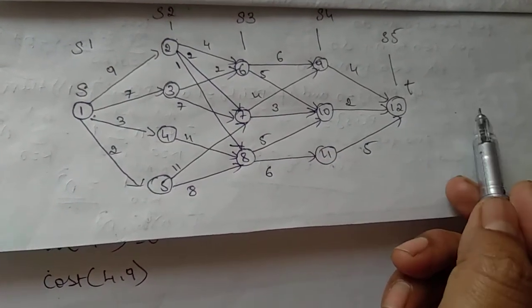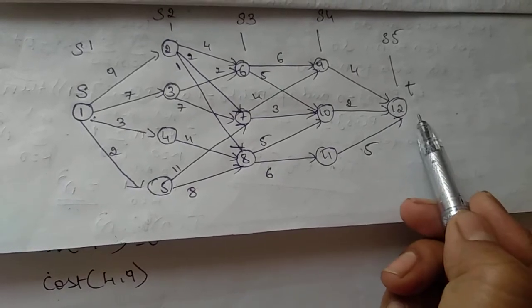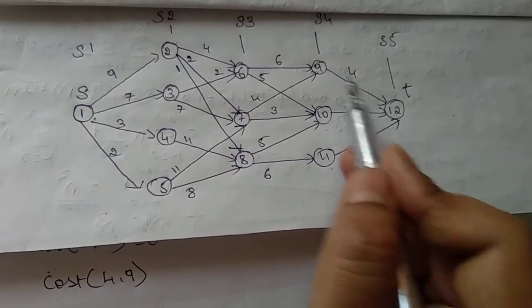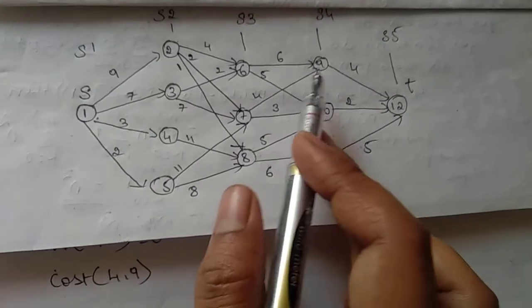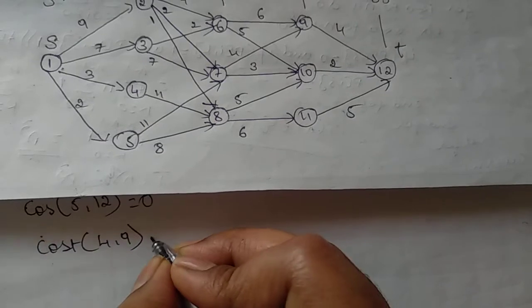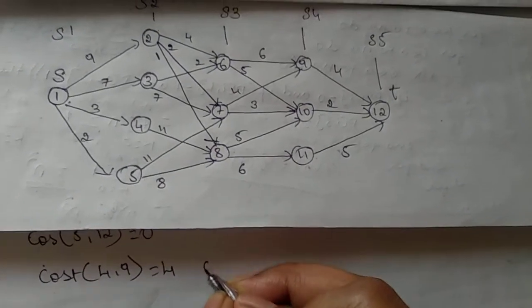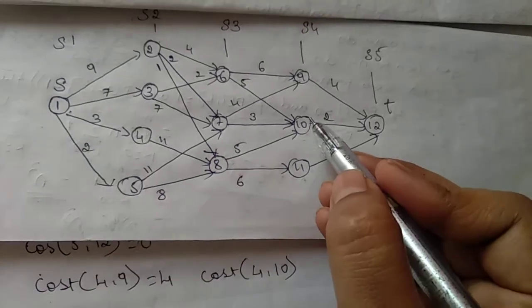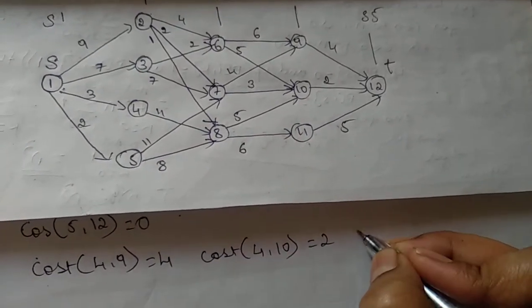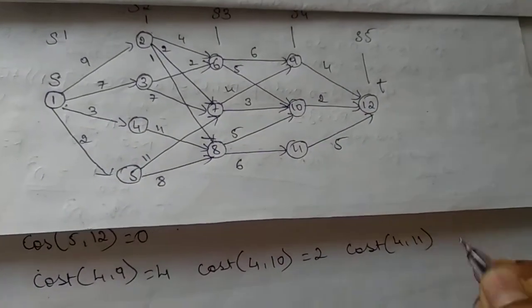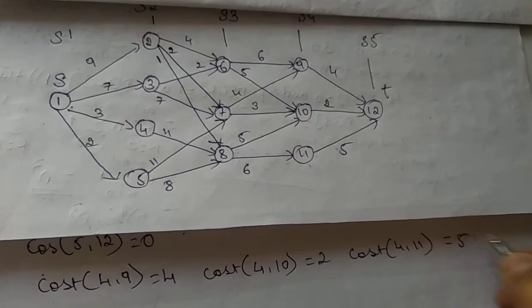Here I have to take the cost of this vertex to another vertex. There is no direct... we are just reaching the destination. So no need to take the next vertex because we already know it is 0. So no need to calculate with the formula. Directly you can write the cost. Cost is 4. Then cost of stage 4, 10th vertex, it is 2. Then cost of stage 4, 11th vertex, it is 5.